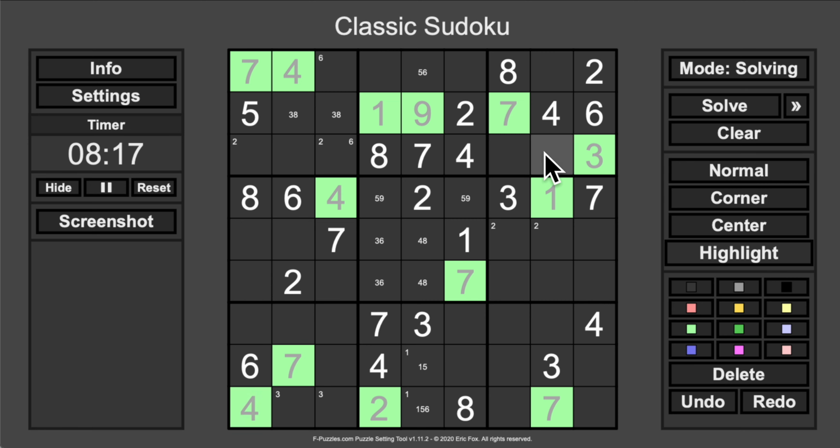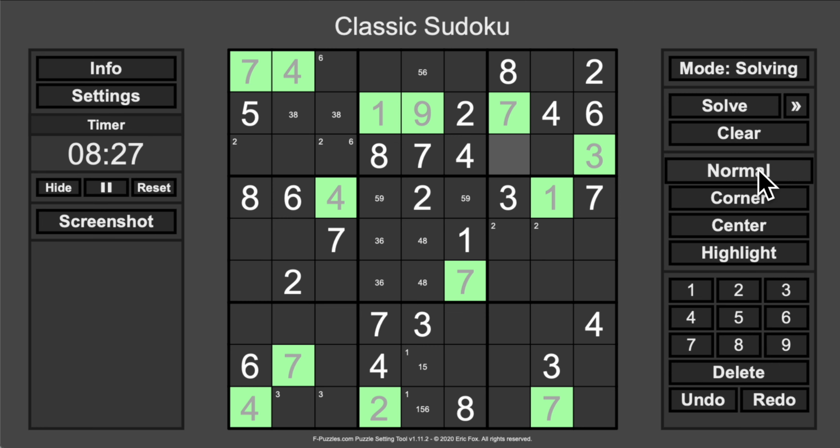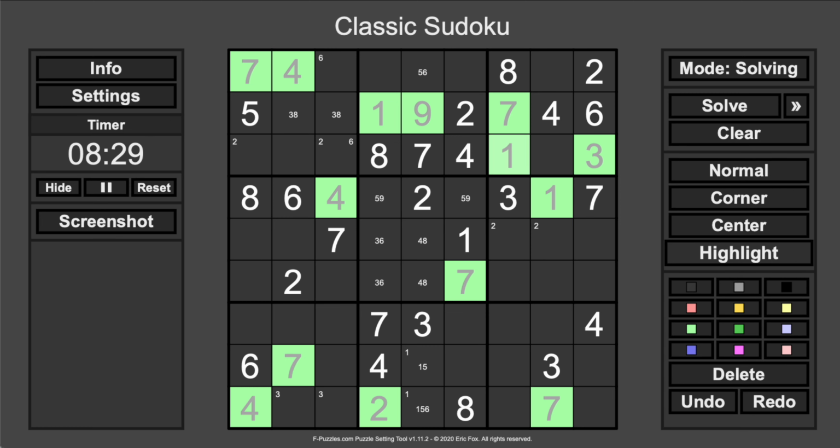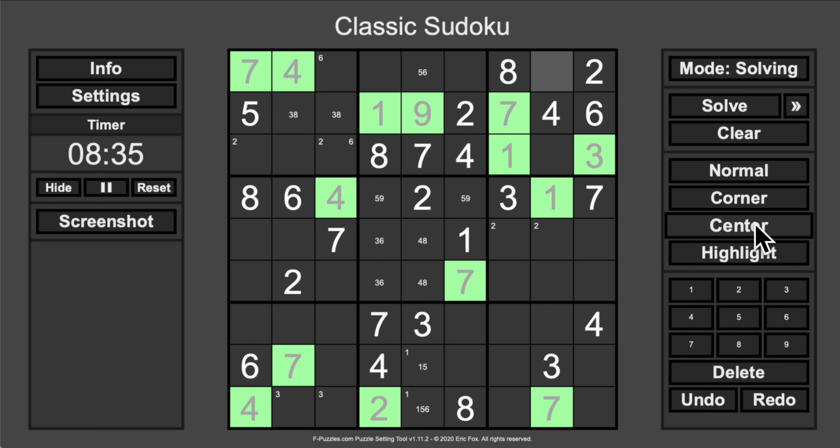See, if we go back to box 3, I have 2, 3, 4, 6, 7, 8. I need 1, 5, and 9. Well, neither of these can be 1, which means that has to be 1. These two are 5 and 9, but I don't know the order yet.